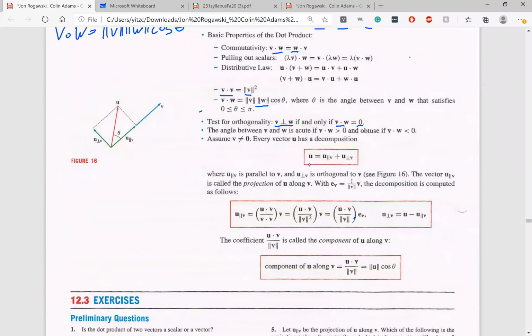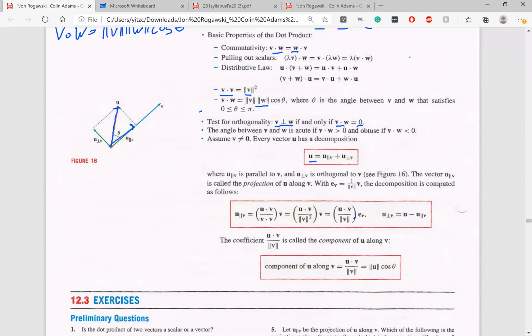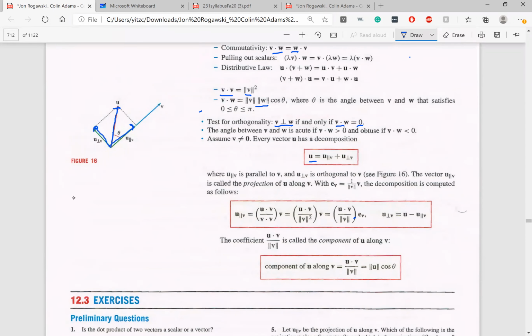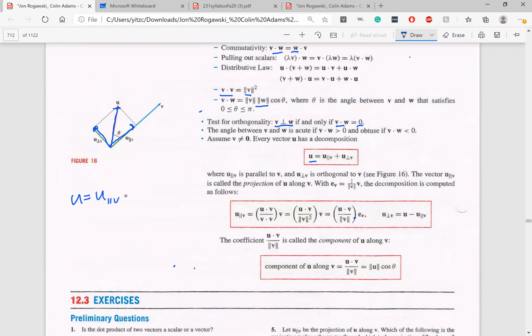And every u can be decomposed into its projection onto v. So here's my u. I can decompose it into the projection onto v, and then into the orthogonal component. And then u is equal to u projected onto v plus u orthogonal to v.